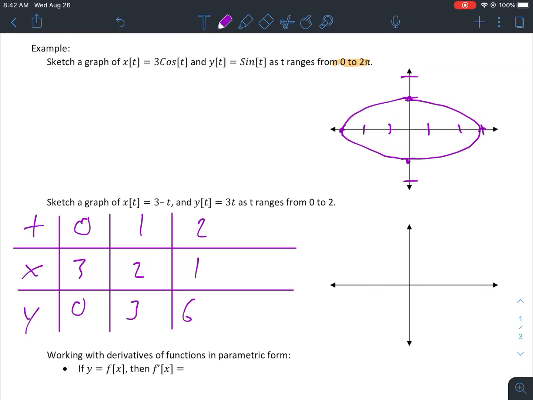But this should be sufficient for us to graph here. So when you put 0 in, we're getting 3, 0. Let's plot that point. Put 1 in, we get 2, 3. There's that point. And when we put 2 in, we get 1, 6. So there's that point. And that is our line segment from t equals 0 to 2.